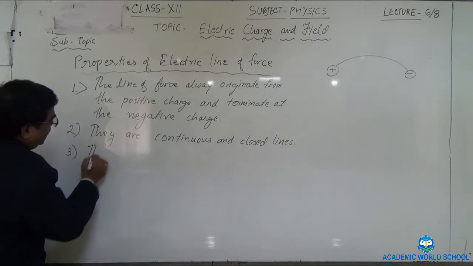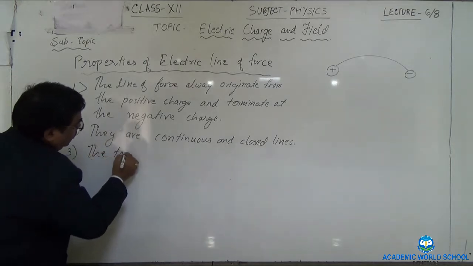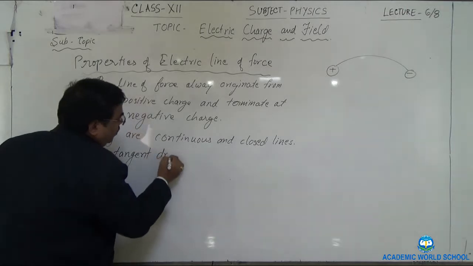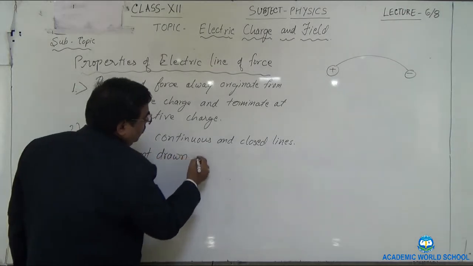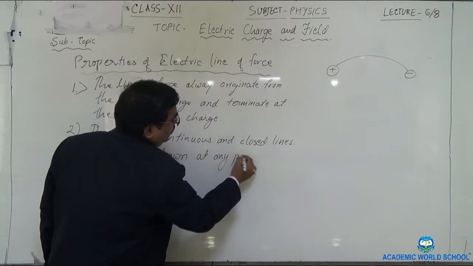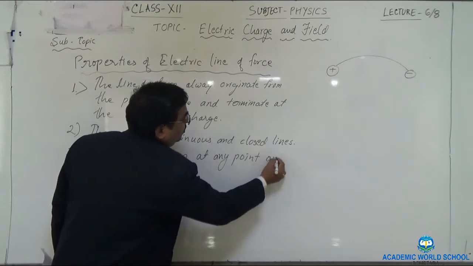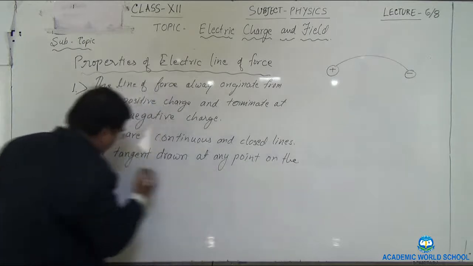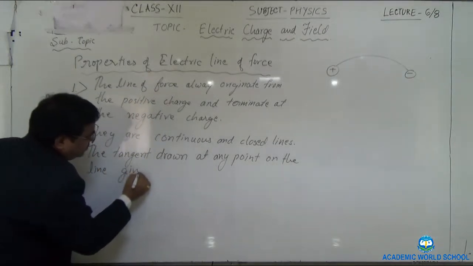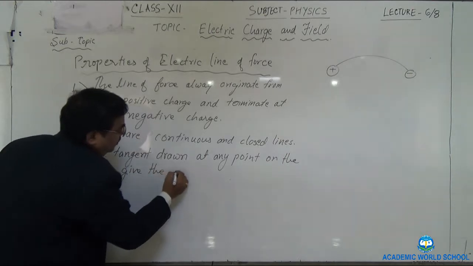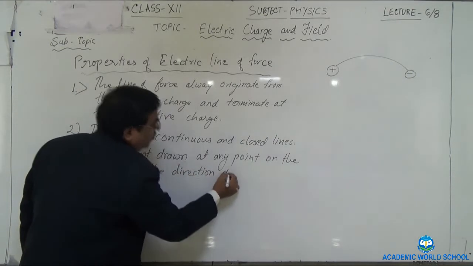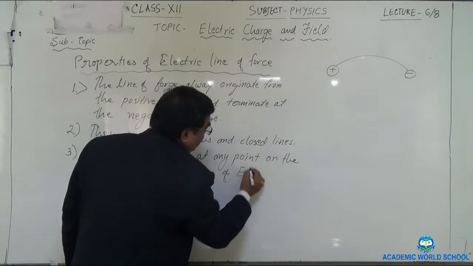Number 3, the tangent drawn at any point on the line gives the direction of electric field.